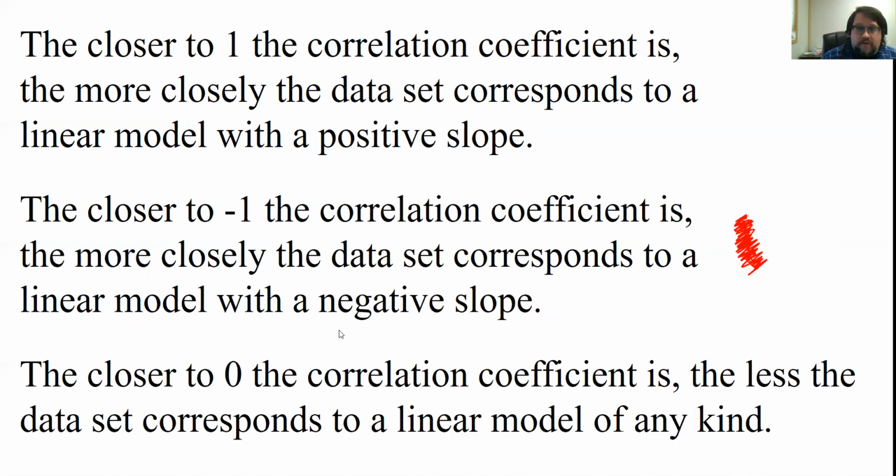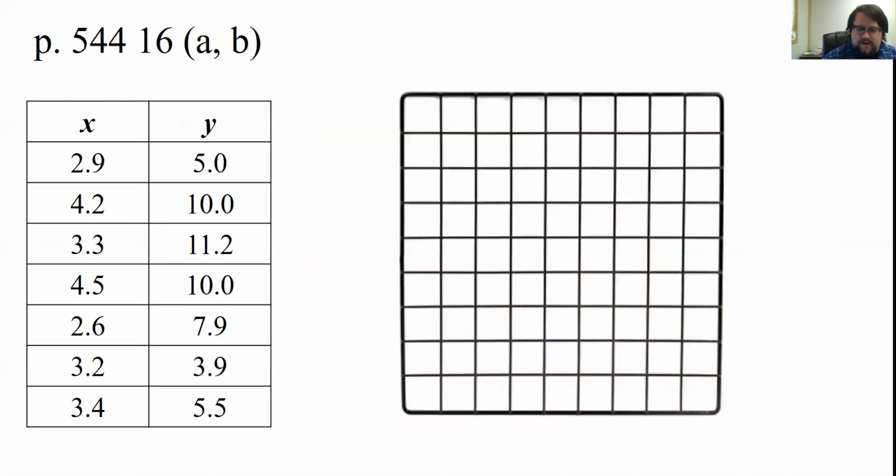And the closer the correlation coefficient is to 0, the less the data set corresponds to a linear model of any kind. So you think about that parabolic shape, that would basically have an R value of 0. Okay.